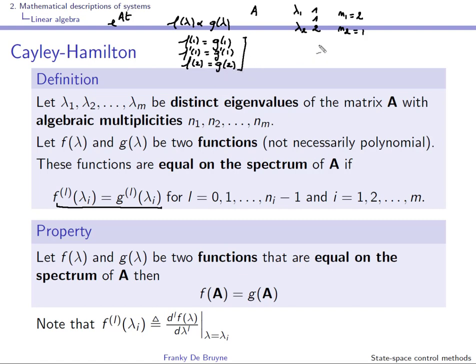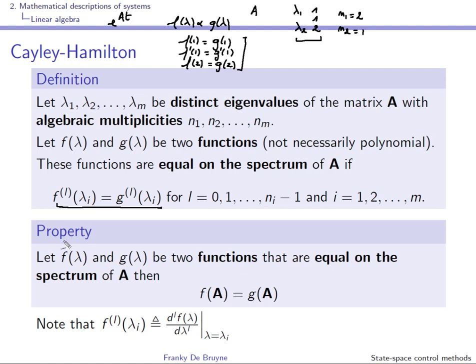There are three conditions because there are three eigenvalues, well, because one eigenvalue is double here, it has algebraic multiplicity 2. So if these conditions are satisfied, then f(lambda) and g(lambda) are equal on the spectrum of A.